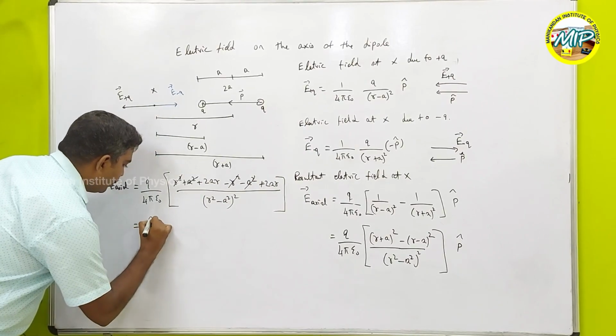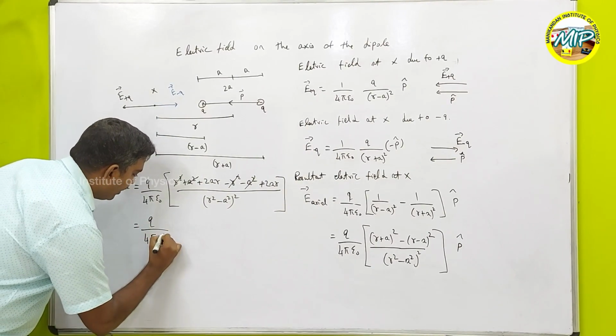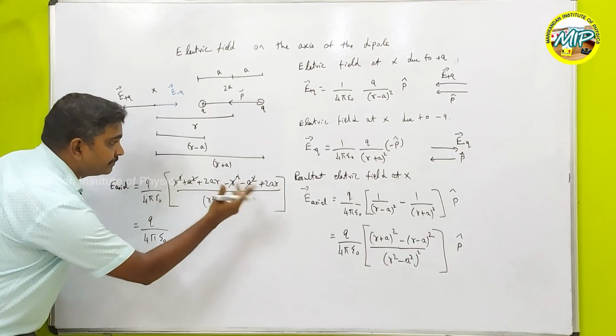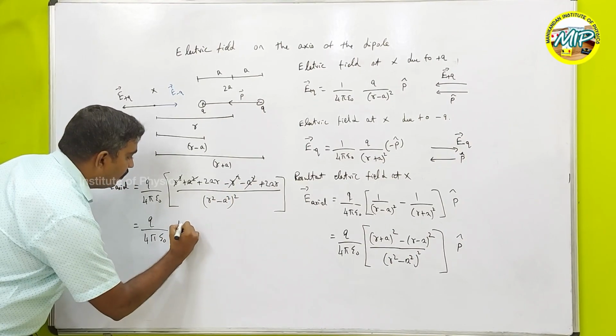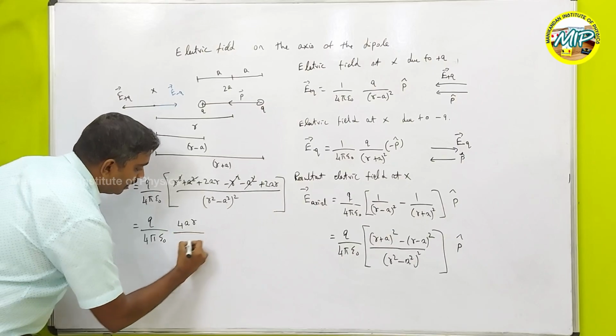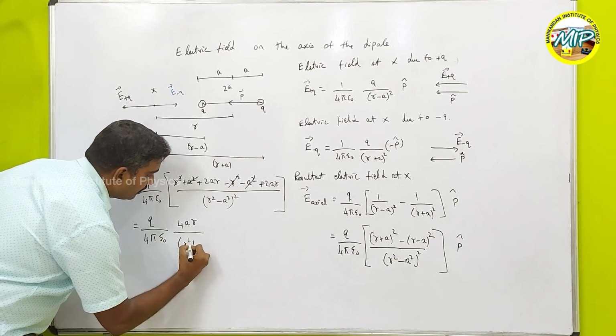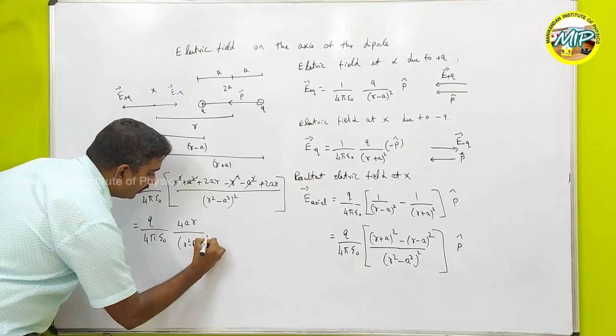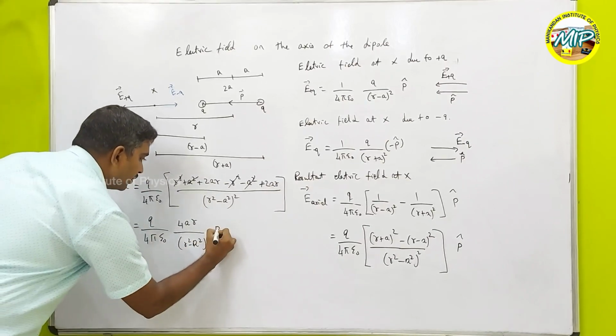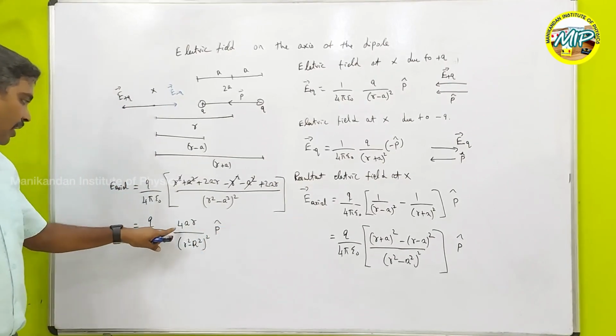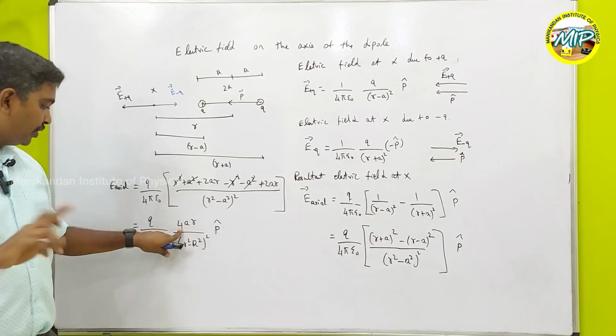This is going to be q by 4 pi epsilon naught, 4a into r by (r square minus a square) the whole square, into p cap. So this 4 splits into 2 into 2.